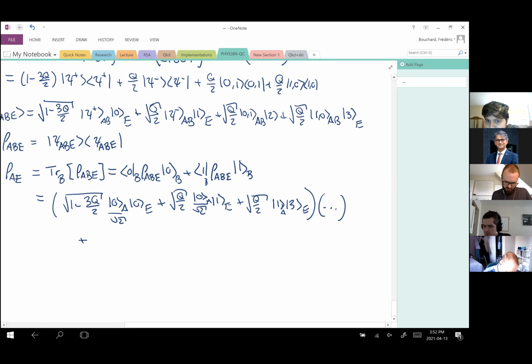The second term, 1 minus 3Q over 2. Get similar results. Q over 2. At that point, you get a minus sign now.